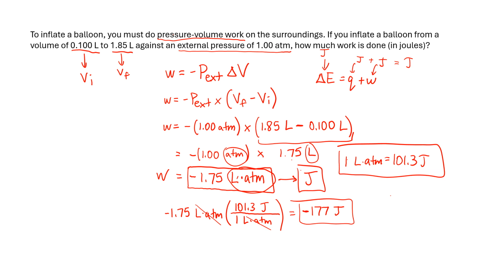So what is this basically telling us? This is telling us that negative 177 joules of work was lost by the system and performed on the surroundings. Right? If I drew an image of this, imagine I got my piston right over here. This is my piston.